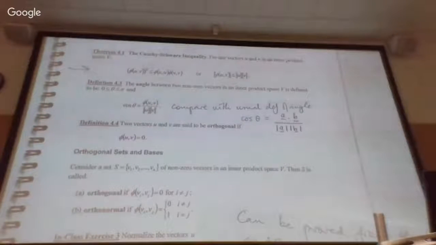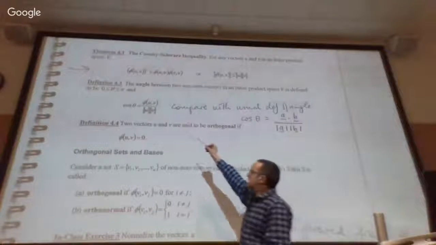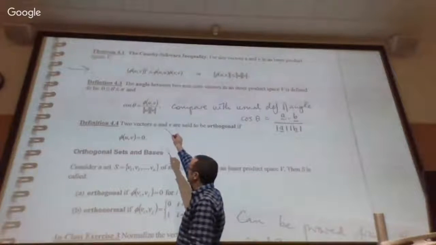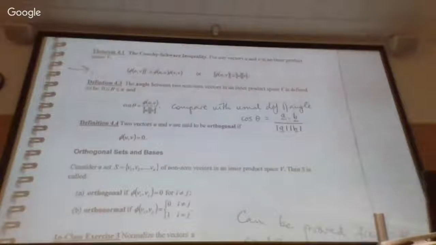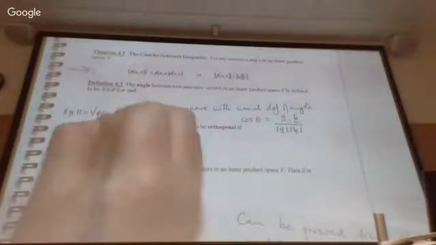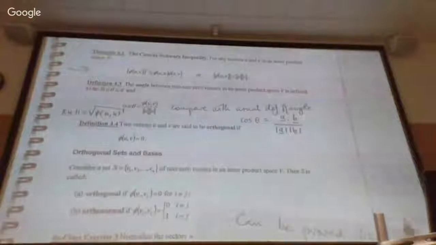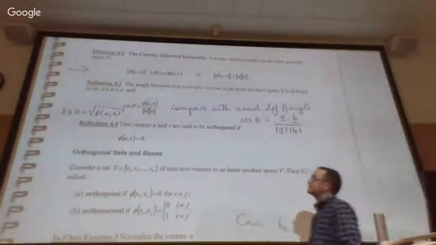Okay? So we've got the inner product of u, v in the numerator, and in the denominator we've got the product of the norms of u and v. So here, again, the norm of the vector u is the square root of the inner product of u with u, and similarly for the norm of v.